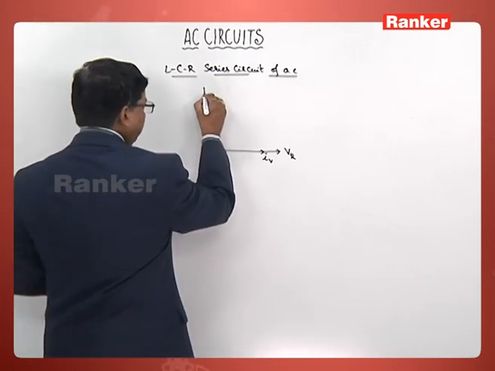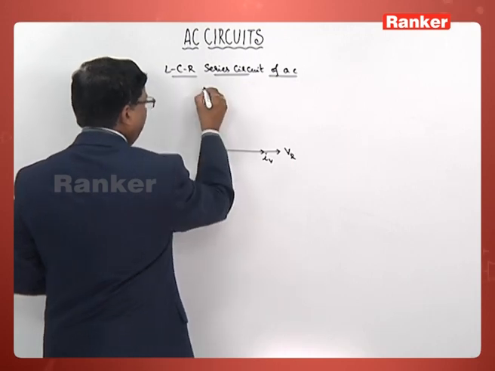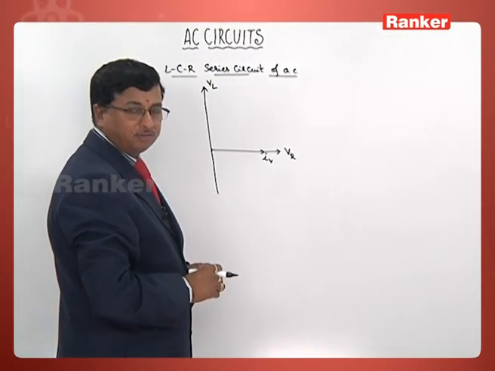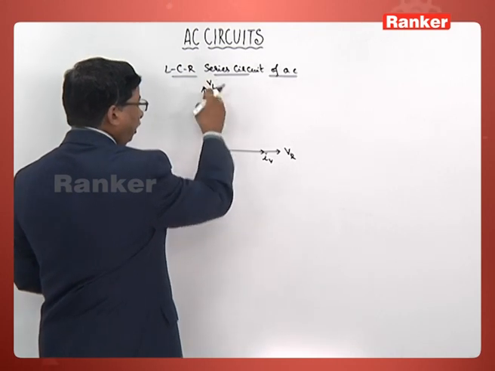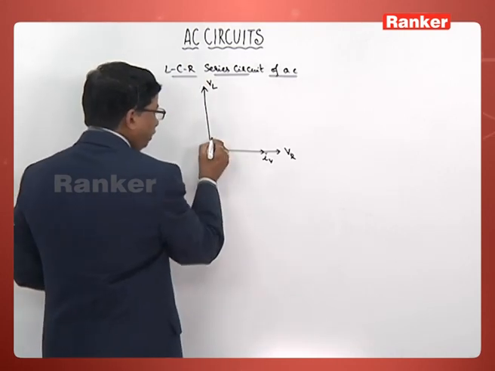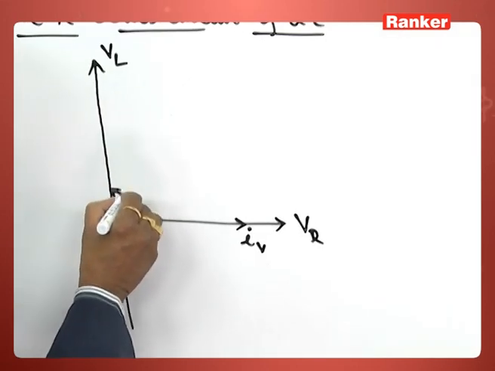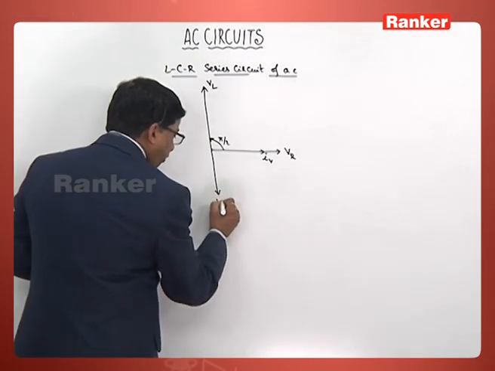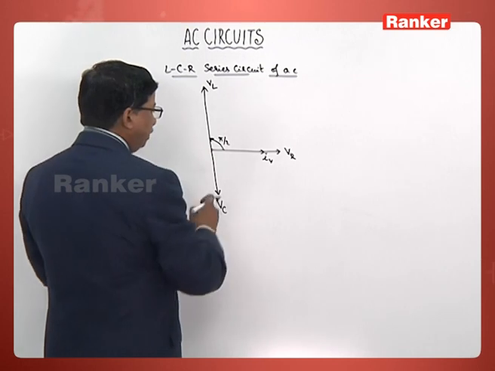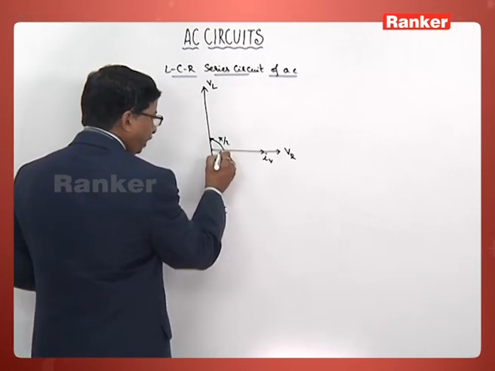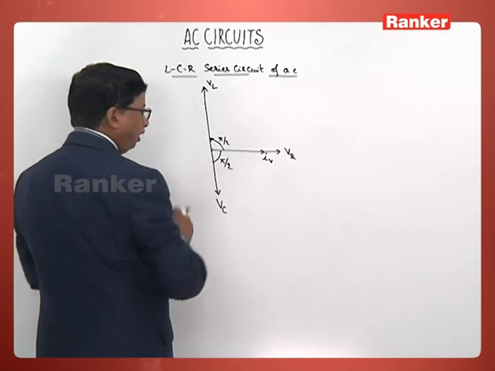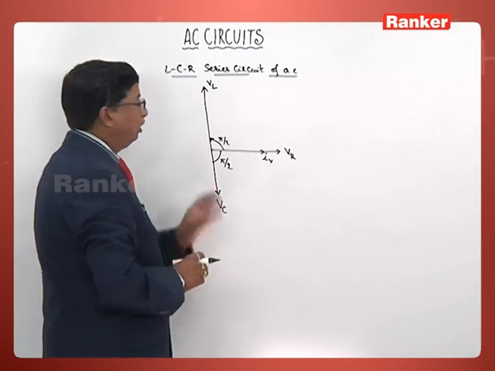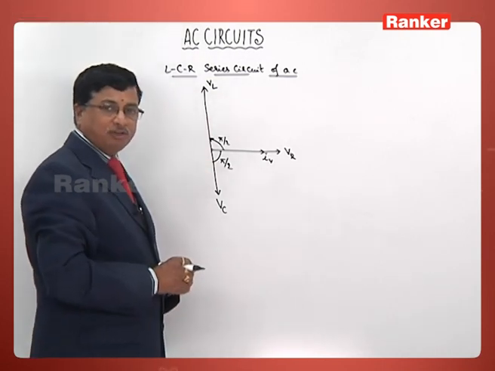Then if we take the value of VL, that is the potential difference across the inductance coil, if I consider upward, because it leads this current by pi by 2 radian. And we can write in the same manner, the potential difference across the capacitance lags behind this current again by pi by 2 radian as such. So this is actually the phasor diagram that we can understand from LCR series circuit as such, as far as power calculation is concerned.